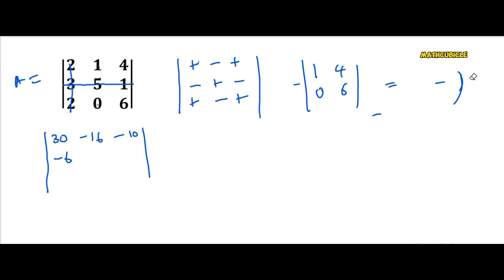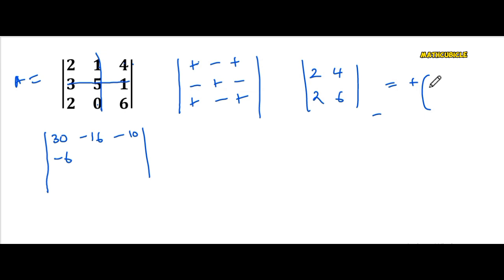Again, we'll be considering, we've done for 3. Now let's get the minor of 5. So rule that like that. So we have 2, 4, 2 and 6. The sign is plus. So plus.